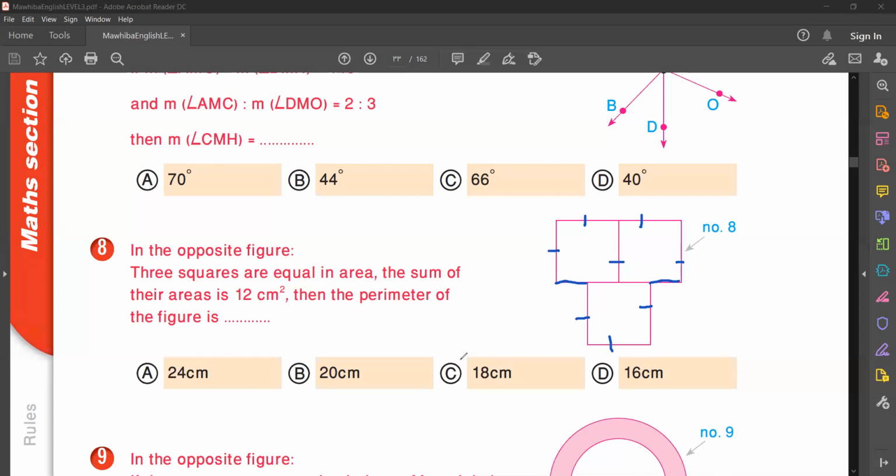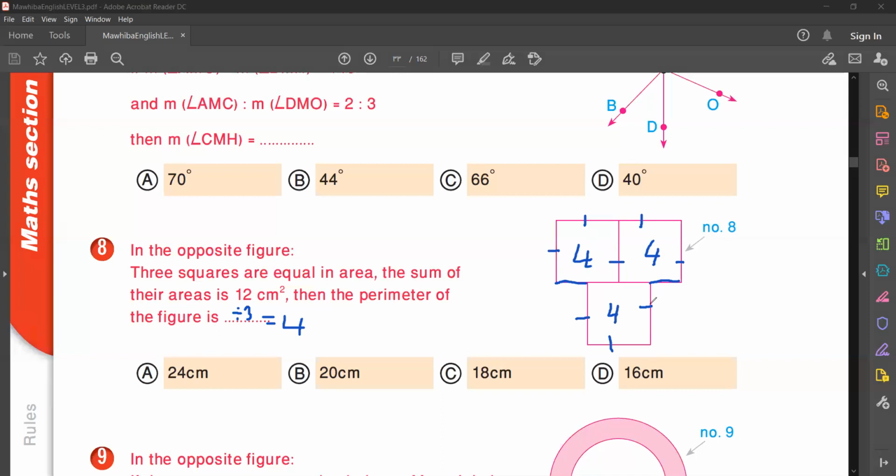So we want to find now 3 squares are equals in area. The sum of their areas, it is 12. So each one divided by 3, then equals to 4. Each one is 4. It is here 4. The area, it is this 4.